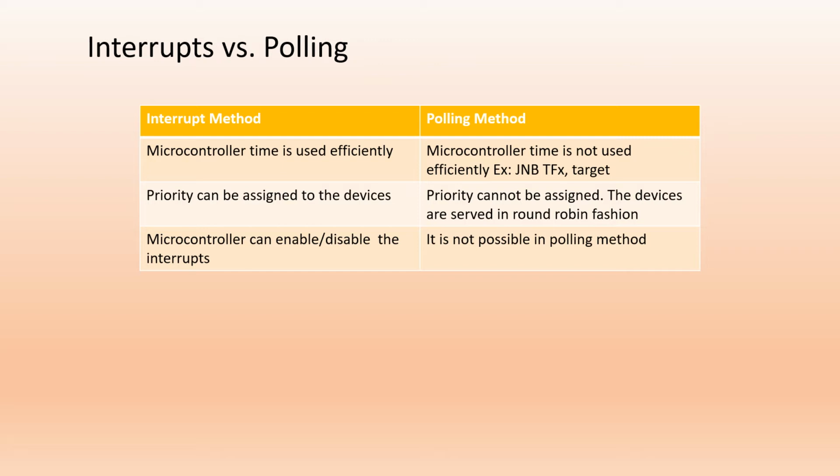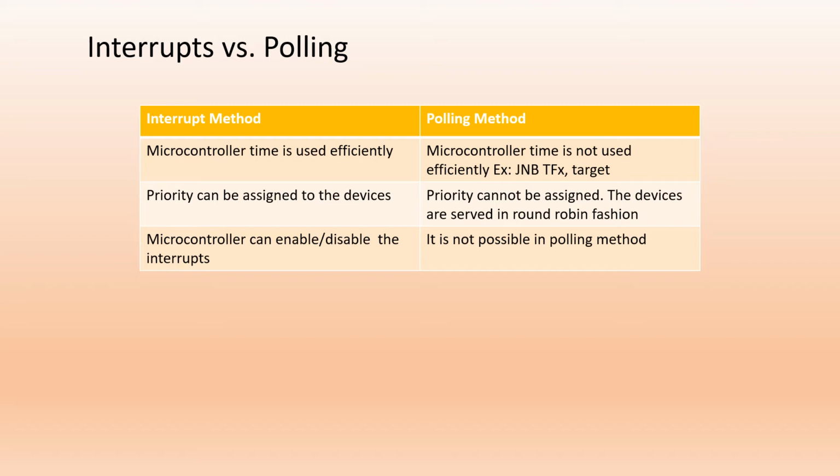Next, in the polling method, all the devices are served in round robin fashion. But in practical cases, when some devices require service, there may be an emergency, and that device needs to be serviced first. Such a thing is not present in the polling method.